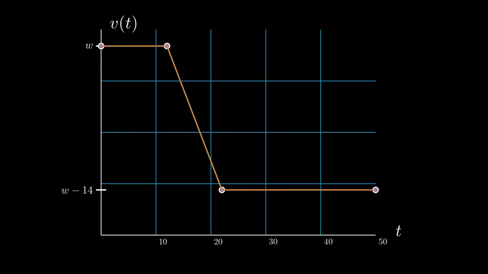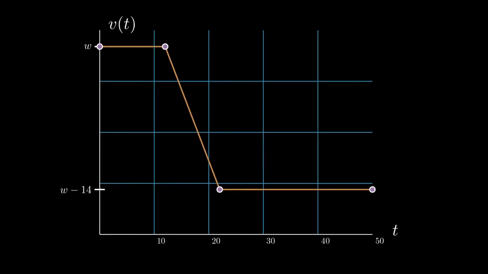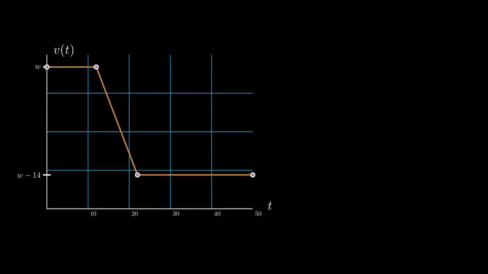Then we have a constant deceleration for 10 seconds, which brings us to 22 seconds, and it slows down to w minus 14 and then maintains that velocity for 28 seconds until t equals 50. All right, so to find the distance, all we need to do is get the area under the graph.